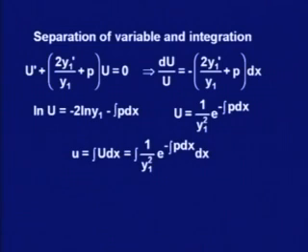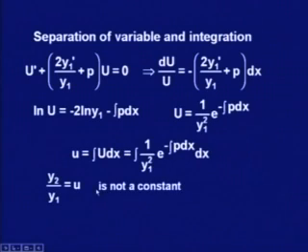Now, we see that this function u is the ratio of y 2 and y 1. We have got the second solution as y 2, the first solution was y 1. This ratio u is not a constant. Why? We see that u dash, that is this capital U, is 1 upon y 1 square e to the power minus integral p dx.